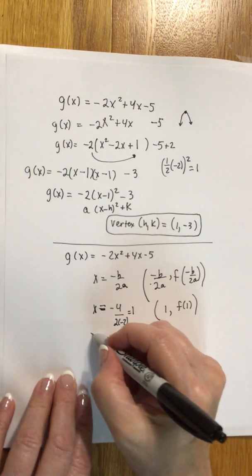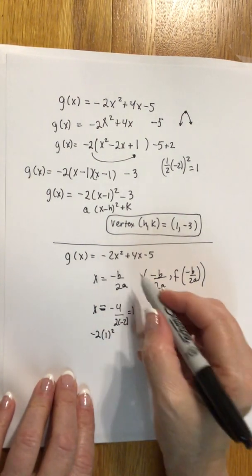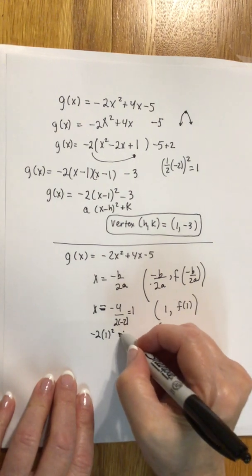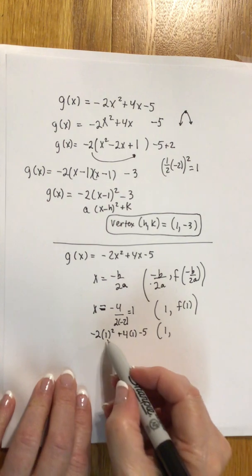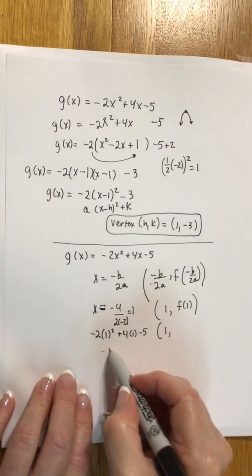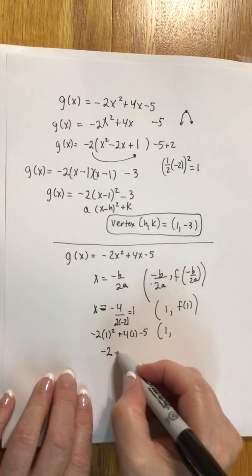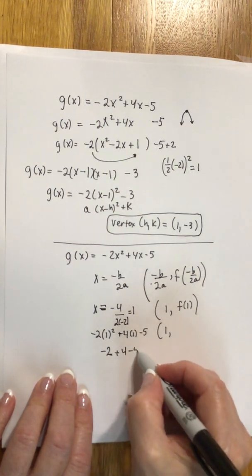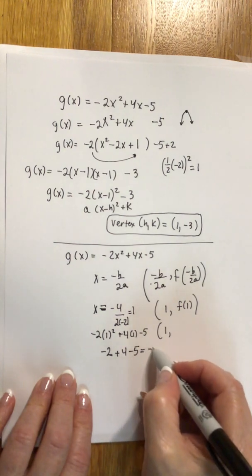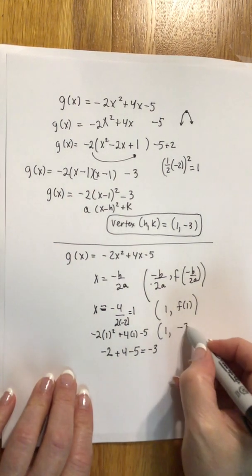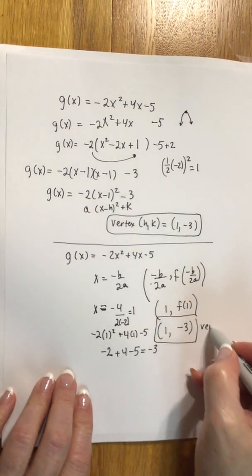So I'm going to have negative 2 times 1 squared, because we're plugging it in for x, plus 4 times 1 minus 5. 1 times negative 2 gives me negative 2, plus 4 minus 5. So that gives me negative 7 plus 4 is negative 3. So I get negative 3. So my vertex comes out the same in both of them.